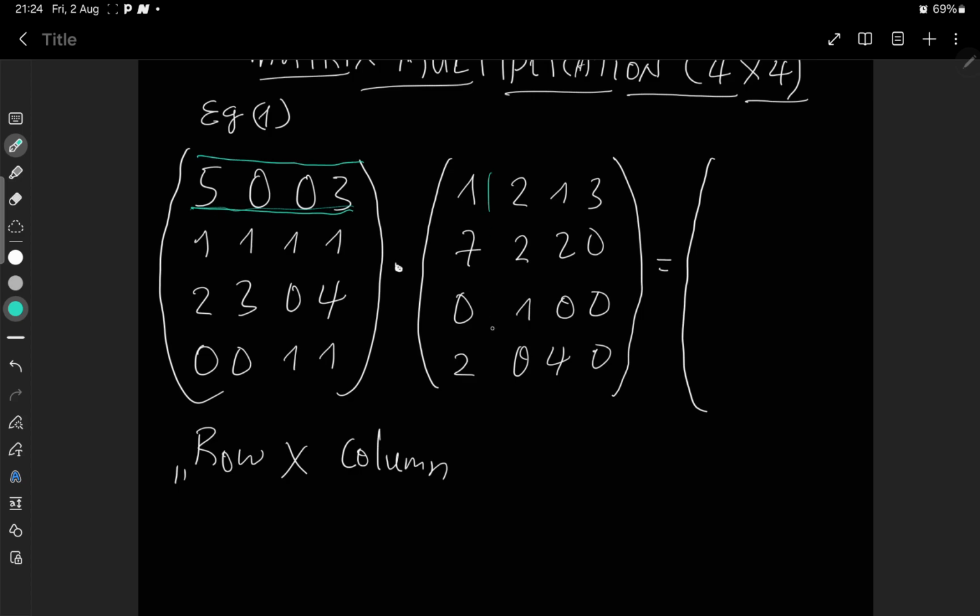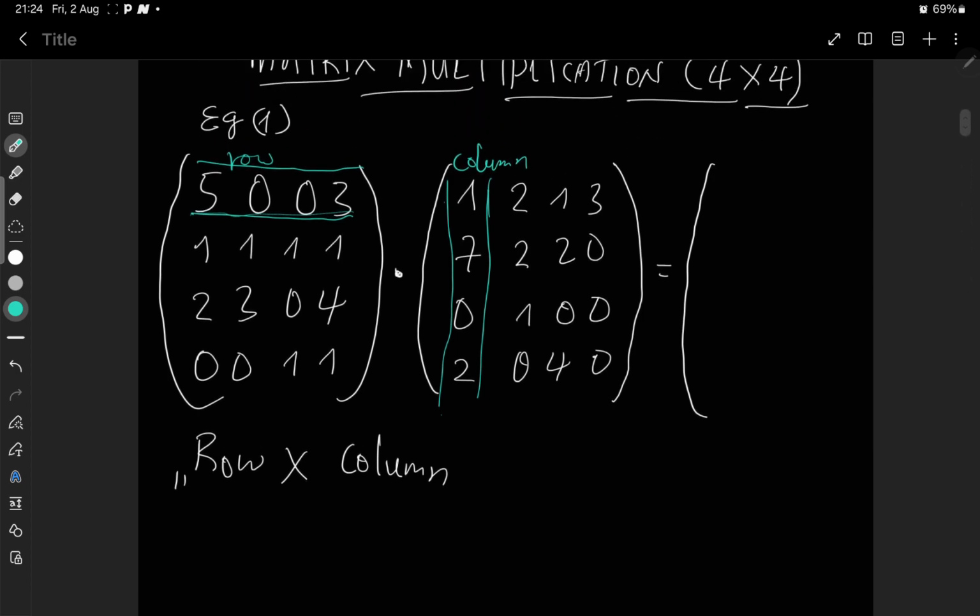While here is the column. This is row and this is column. So let's run this multiplication. We are going to be using each of these rows to multiply each of these columns. We have 4 columns here, column 1, column 2, column 3, column 4, and we have also 4 rows here. So let's begin.